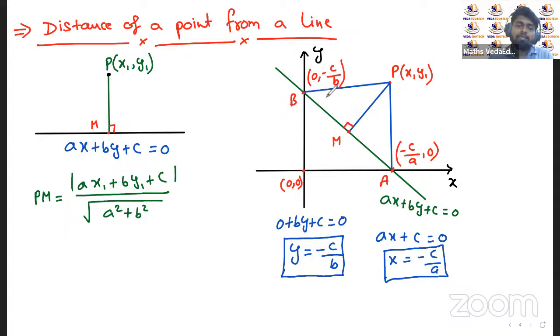Now what we need to do is find the area of this triangle PAB by using the points formula.